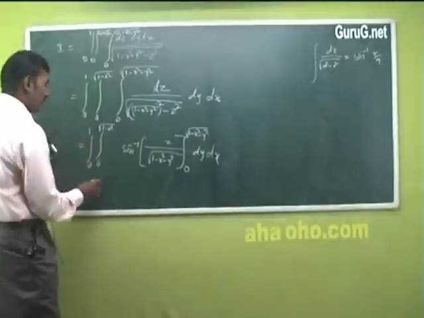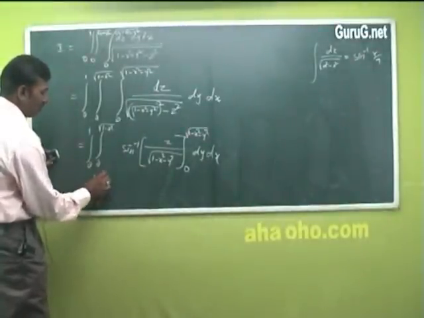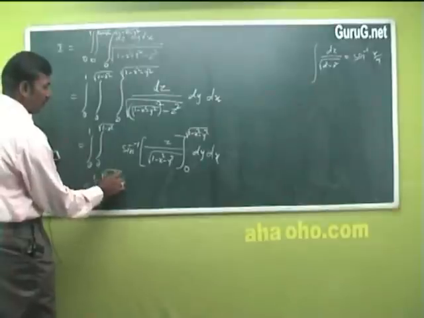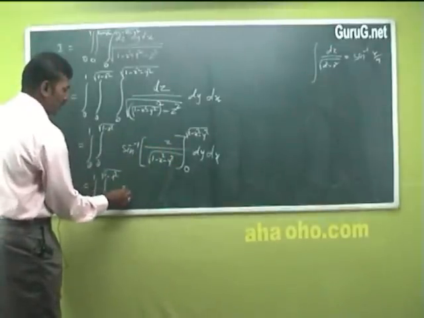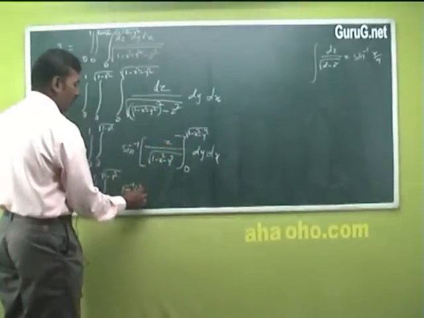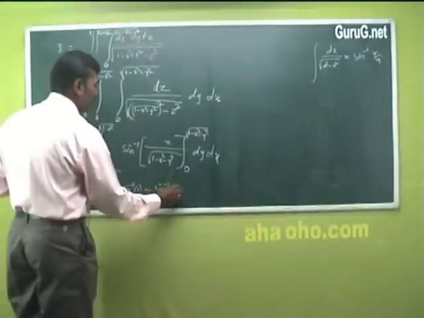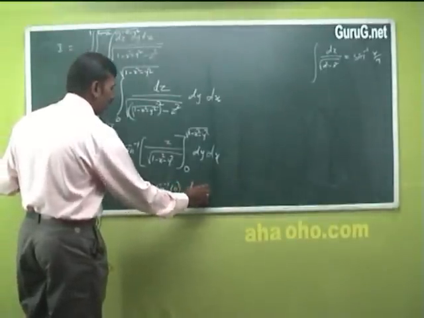Substitute upper limit and lower limit: sin inverse of 1, minus sin inverse of 0, into dy dx.